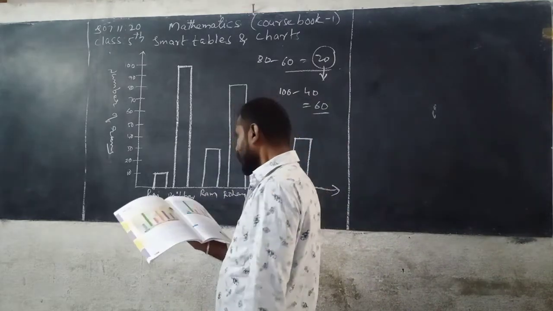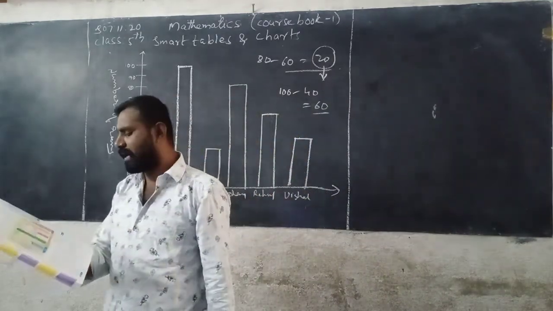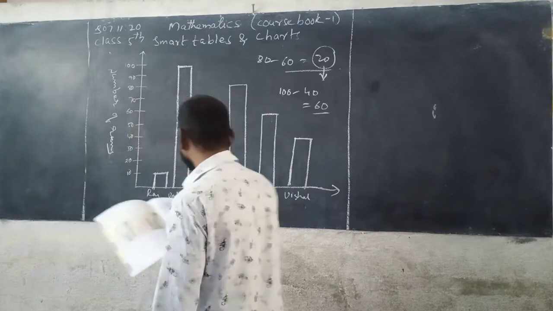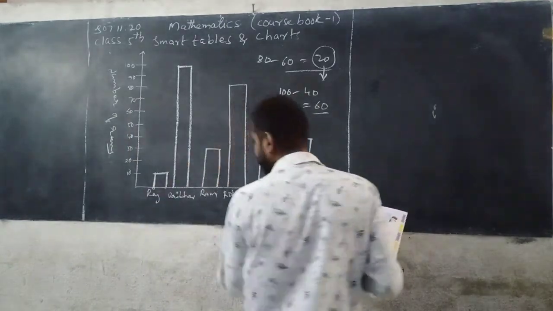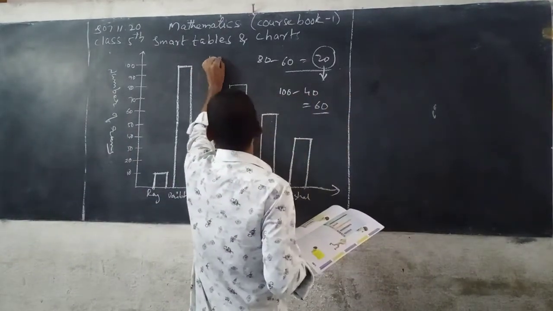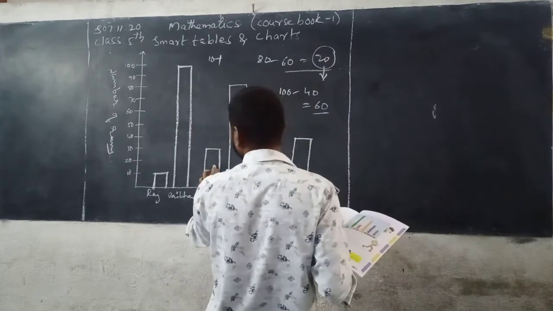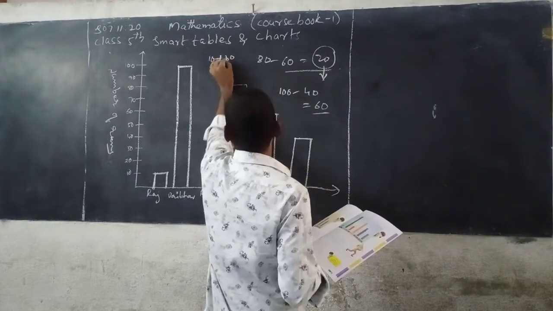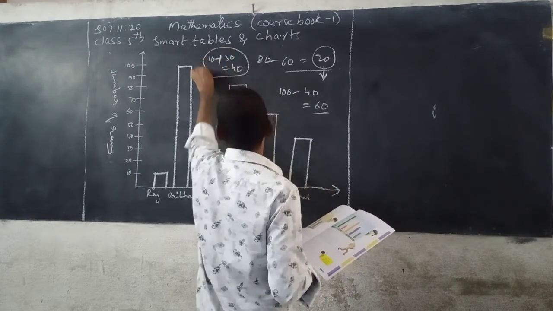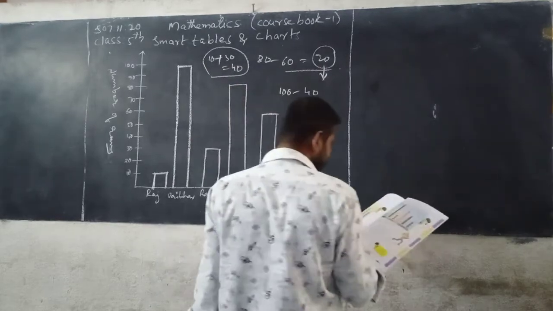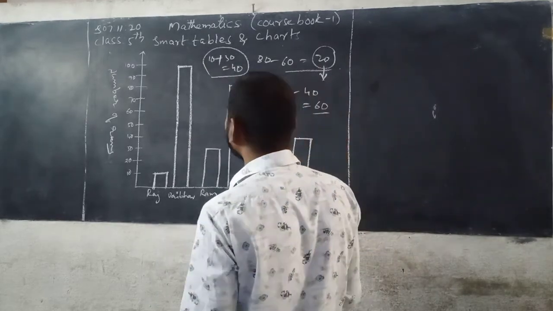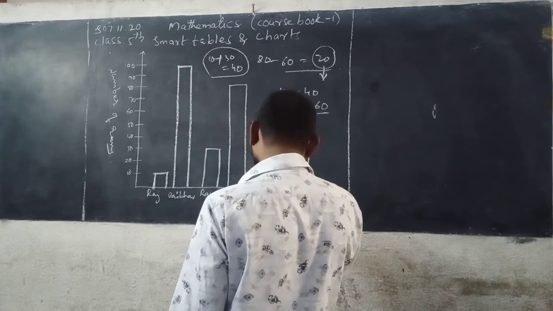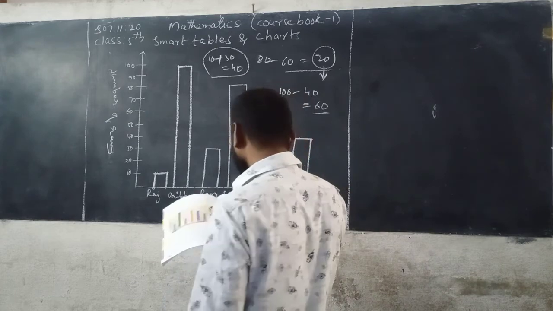Now next, how many runs did Raju and Ram score? Raju 10 plus Ram 30. 10 plus 30, you get 40. Raju and Ram together scored 40 runs. And next, what is the question?